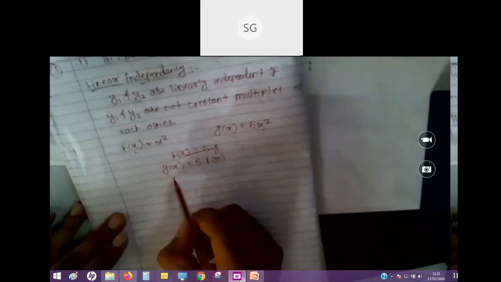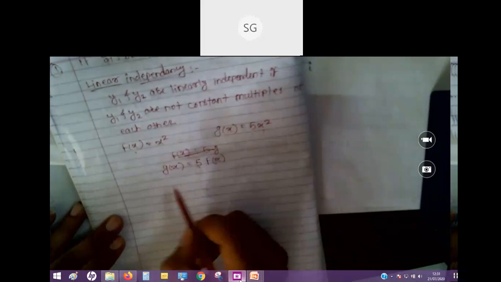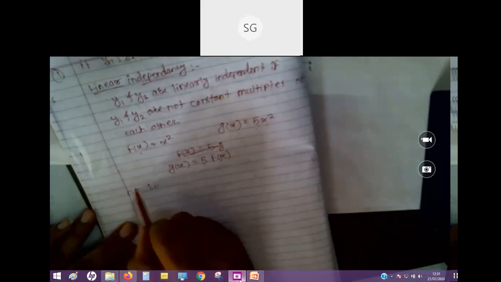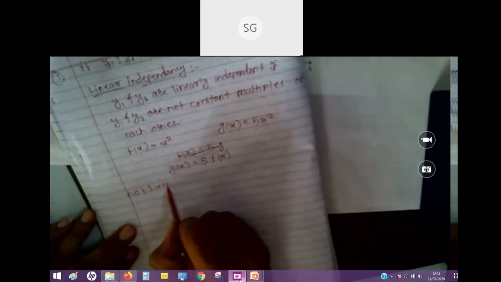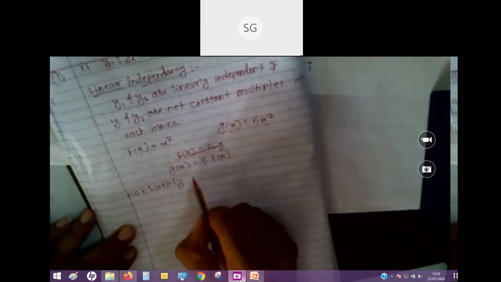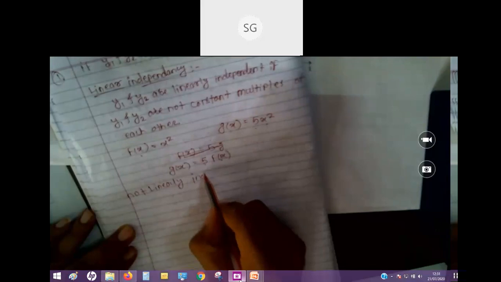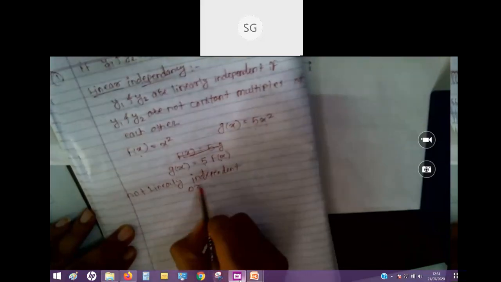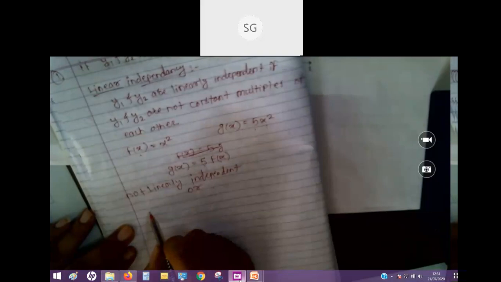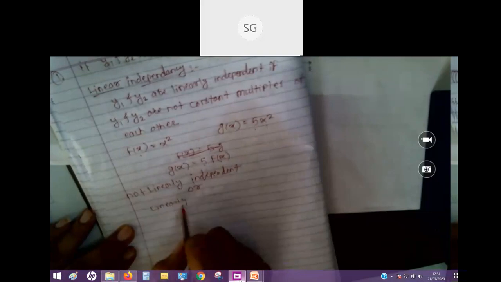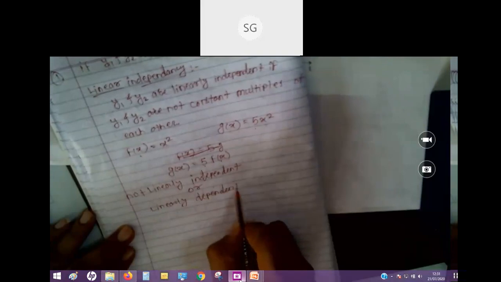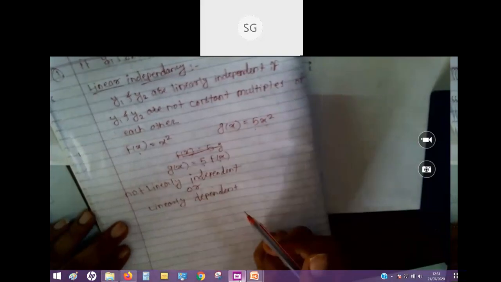So in this case, these are not linearly independent, or in other words, they are linearly dependent. Are you getting this?